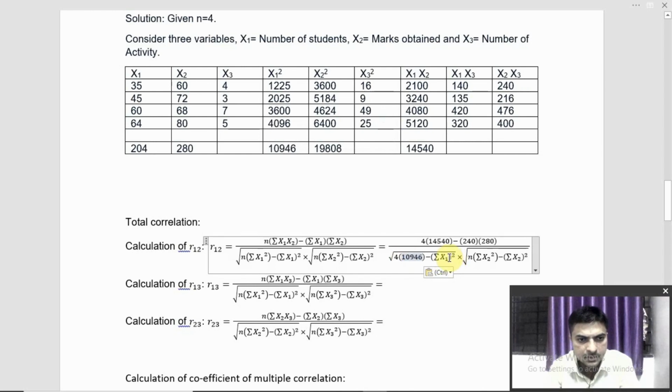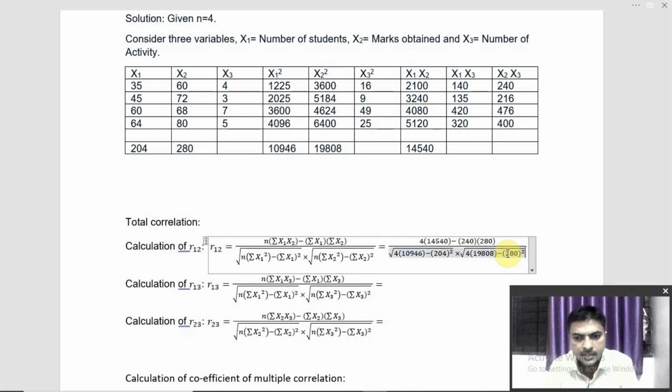Then summation x1 square is 204, n is again 4, and summation x2 square is on the screen, that I put, and summation x2 the whole square, summation x2 is 280.